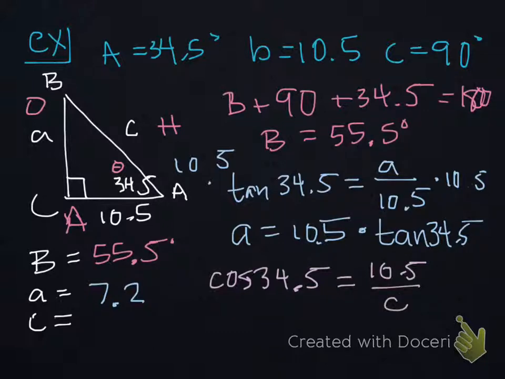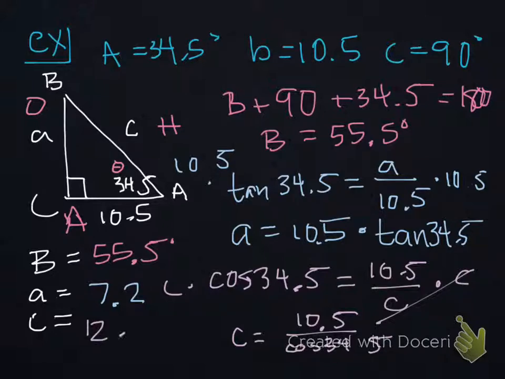So over side C. So I have to times both sides by C, and then I would divide both sides by cosine of 34.5. So to find my C, I'm essentially going to be typing 10.5 divided by cosine of 34.5 in the calculator. We get 12.7. So now we have successfully solved everything that's missing about the triangle.